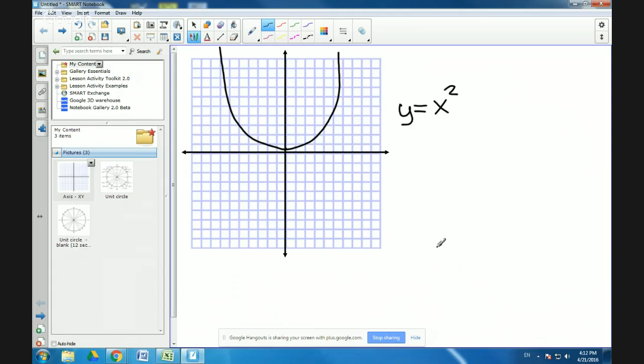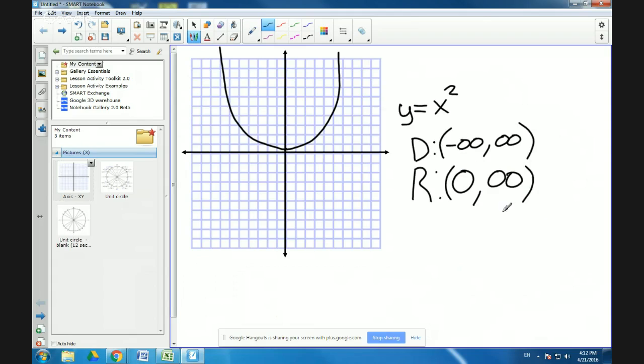The domain for this one is negative infinity to infinity. As you can see, it goes all the way that way, all the way this way. The range is only 0 to infinity, because obviously you can see right here, it stops right there. Just like the last one, it won't go to quadrants 3 and 4.